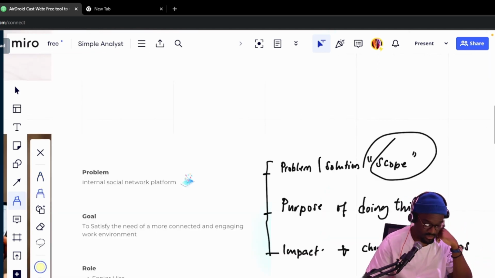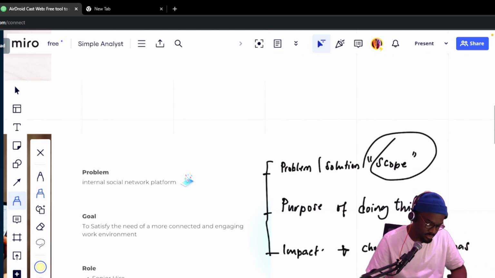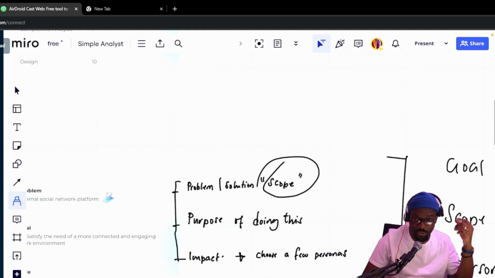So the next one is the goal. Basically, I use examples in this case to explain in more detail so you can have a better understanding. But essentially, when we talk about the goal, it is the purpose of doing this. By understanding the purpose, we know exactly who the target groups of people are that we need to talk to. Who is the solution, or in this case the problem, targeted towards, right?